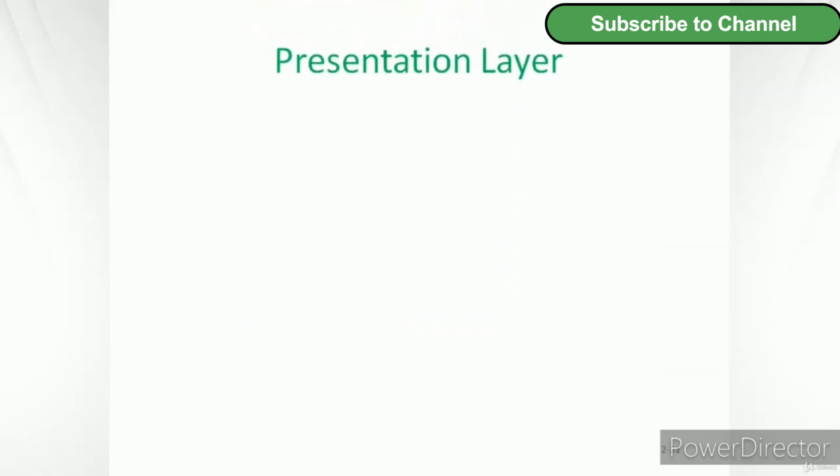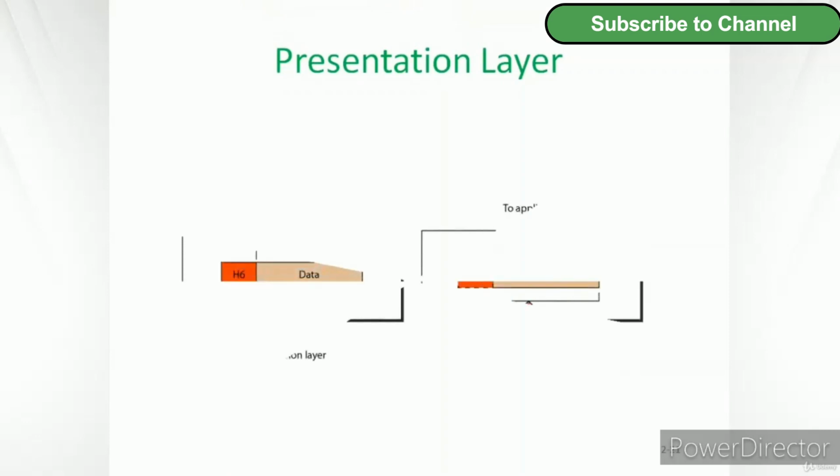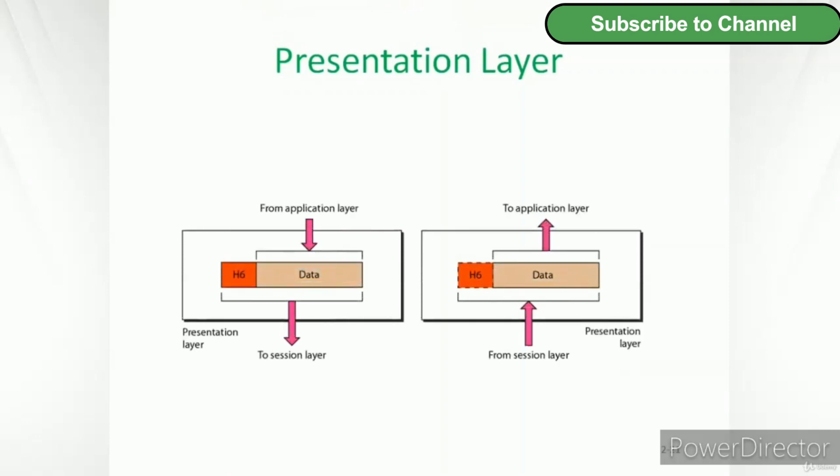Then the presentation layer. You can see this is the block diagram of the presentation layer. The presentation layer takes the data from the application layer and gives it to the session layer, and at the receiving side from the session layer to the application layer.